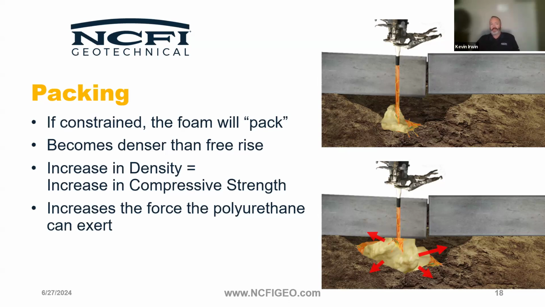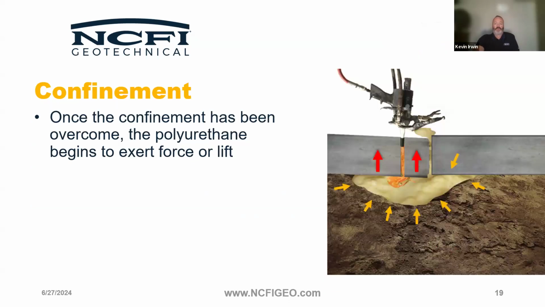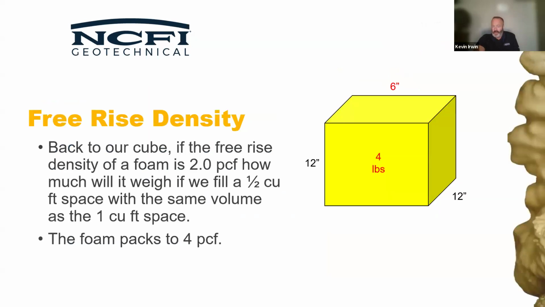when that process of expansion is limited by a slab over the top, soil around it, the foam will tend to pack. And that means that our 1 cubic foot space that we were filling with 2 pound foam, what happens if we make that a half cubic foot space, but put the same volume of chemical in there and allow it to react?